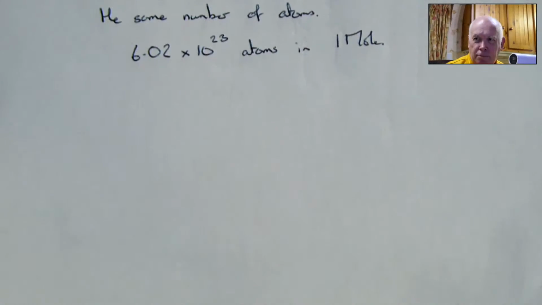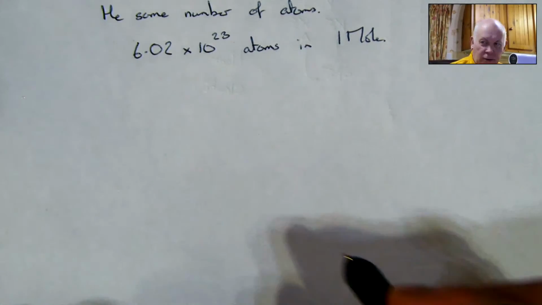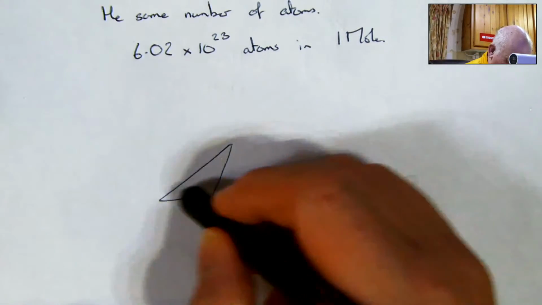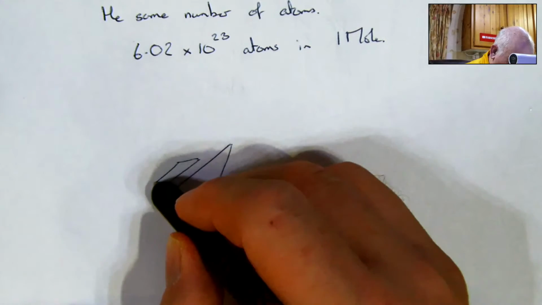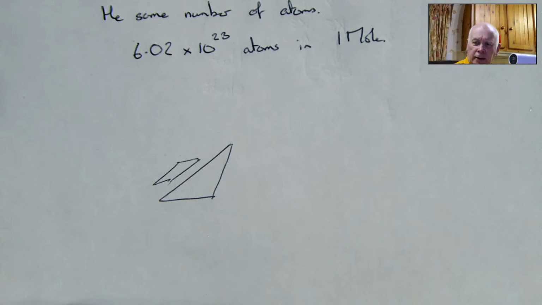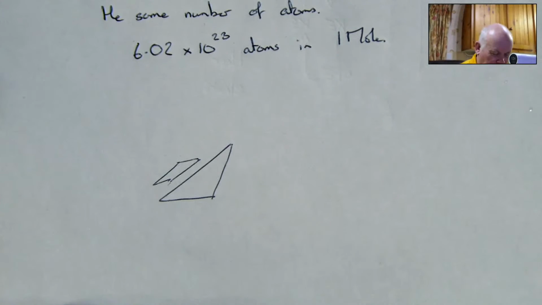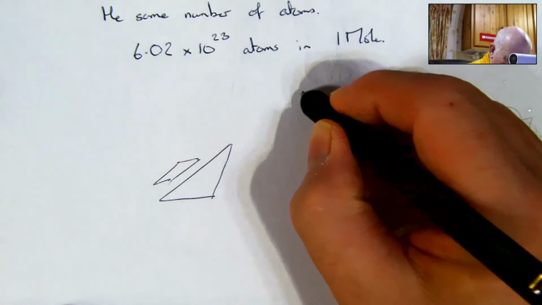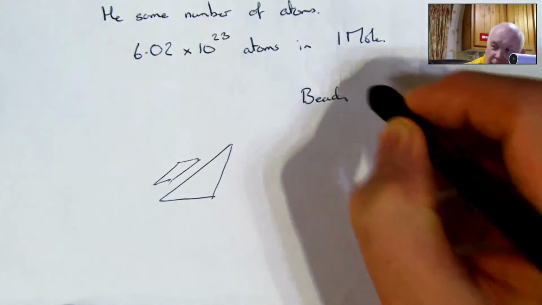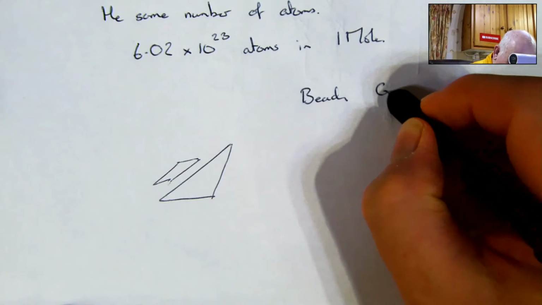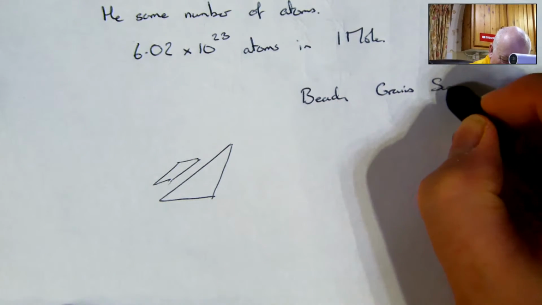Now, that number doesn't mean anything to most people, so let's put it in perspective. What is 10 to the 23 atoms? So let's go to a beach, and we look at the number of grains of sand.